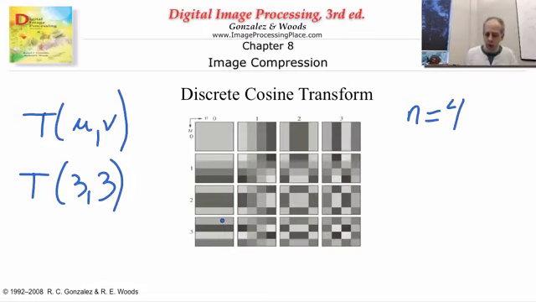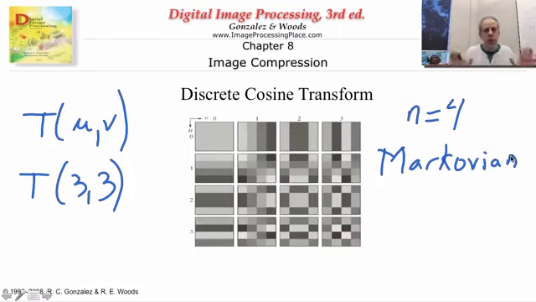So those are images that are called Markovian. If you assume something about your image, you can show that the Karhunen-Loeve transform ends up being the DCT. So at the end, it is a constant basis like we see here. That's one reason to decide to use the DCT.